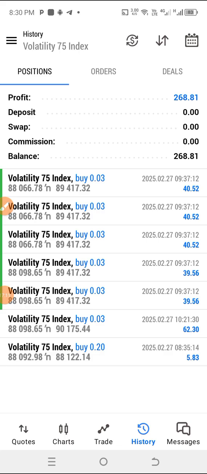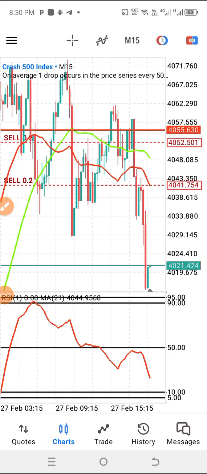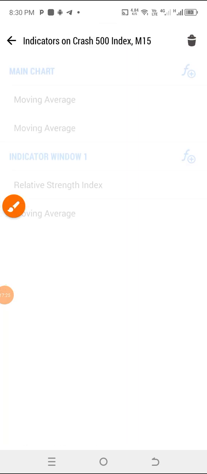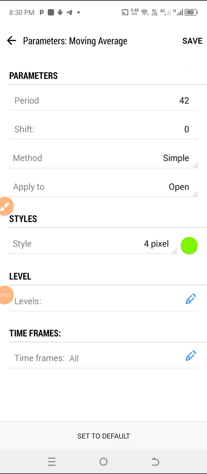Now, right here, click on this icon at the top. It will take you to the window indicator home. On the window indicator home, the first one is the moving average, period of 42, shift 0, method simple, apply to open.